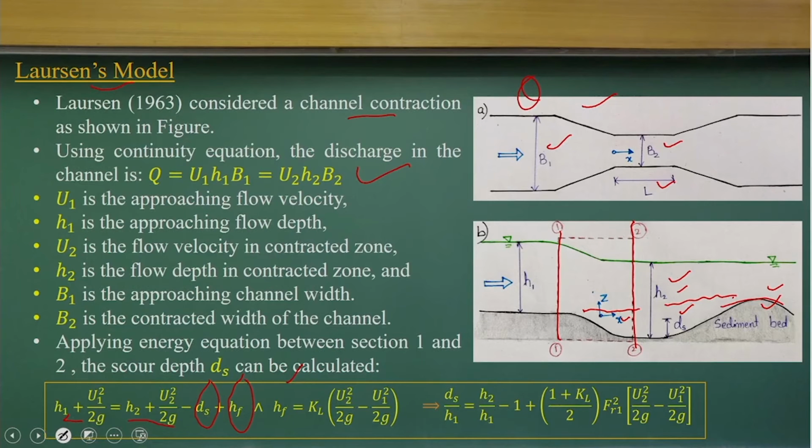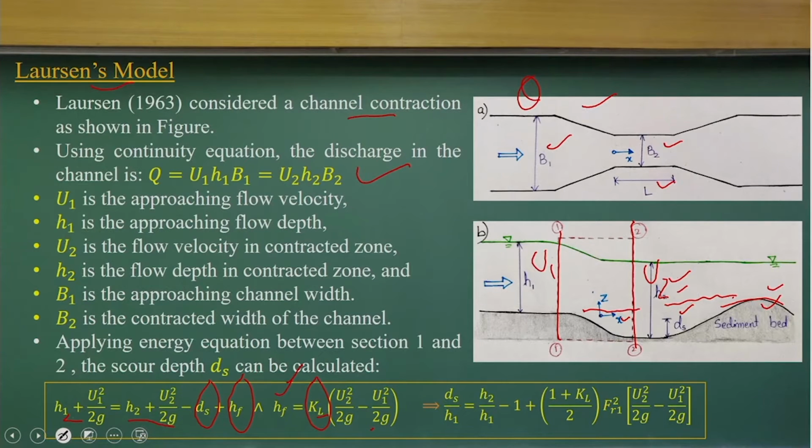Also, because of the scour hole formation, there will be energy losses, which are functions of the upstream velocity u1 and the velocity ut. The difference between these two velocities, taken with a multiplication factor, gives us the head losses.